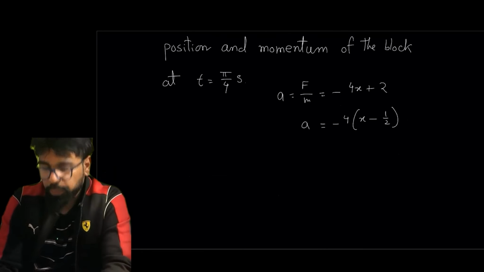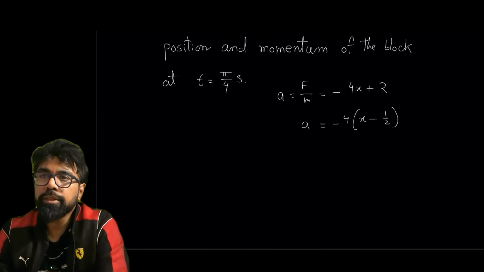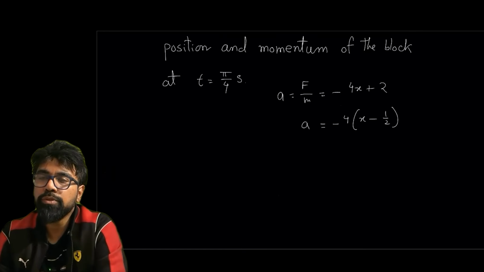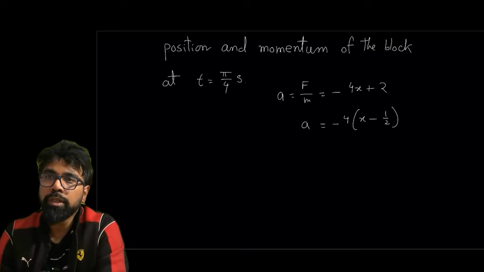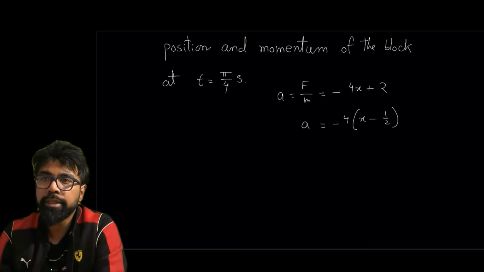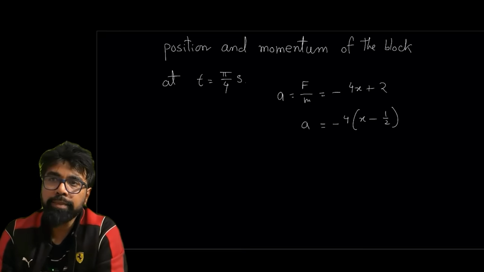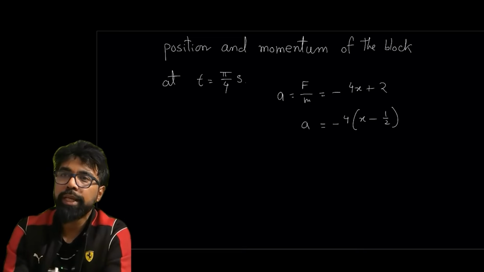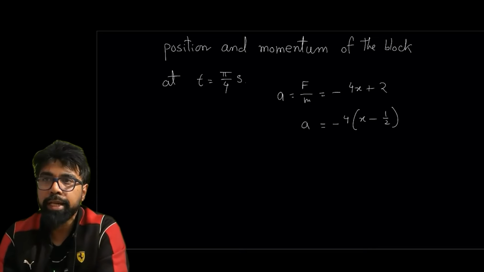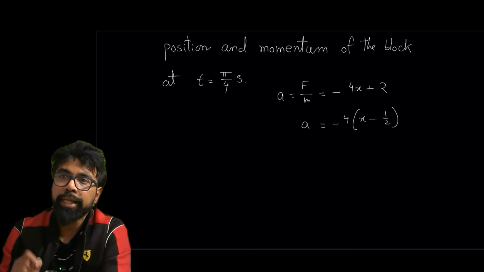Now once you get this equation, it looks like a = -ω²x. But you can see that there is some subtracting part with x. Like parabola vertex equations in mathematics, this (x - 1/2) is the new variable. Usually in SHM we get a = -ω²x directly, but here you are getting x minus half.